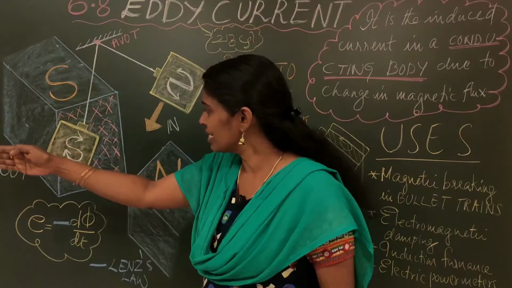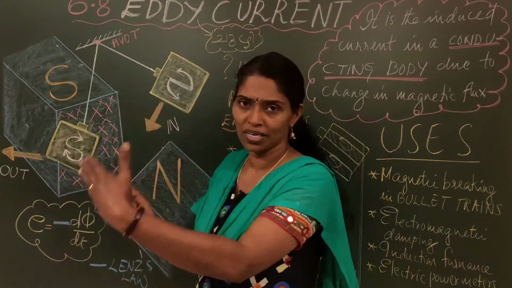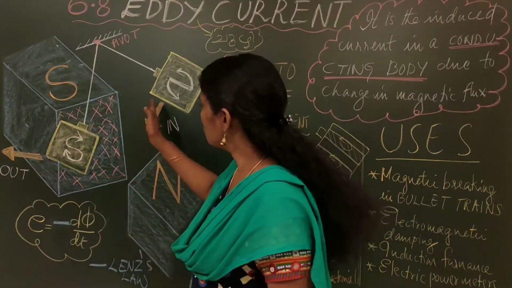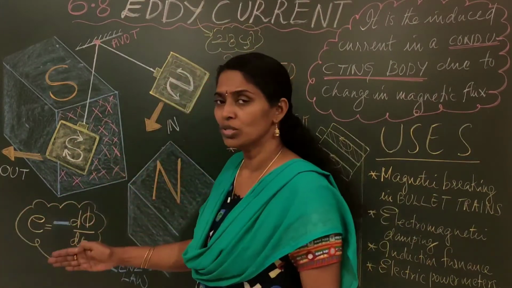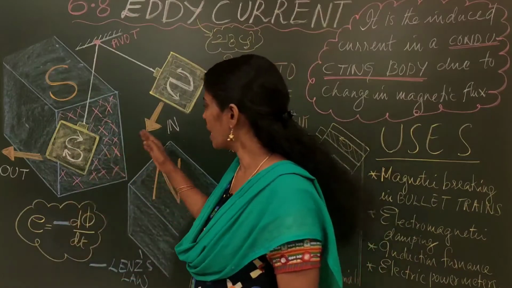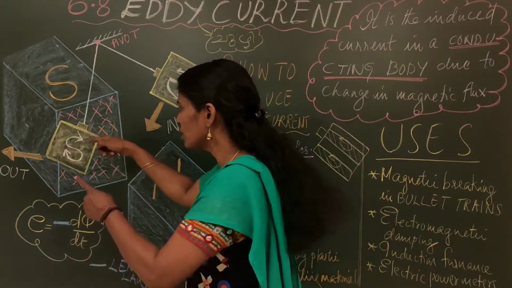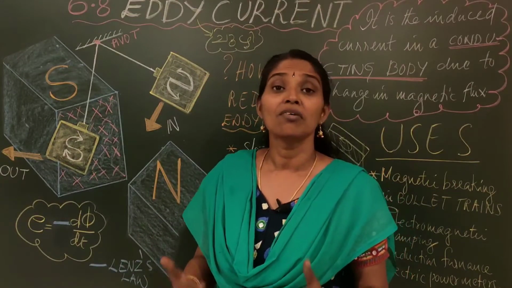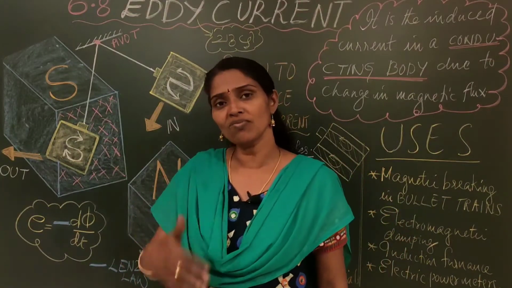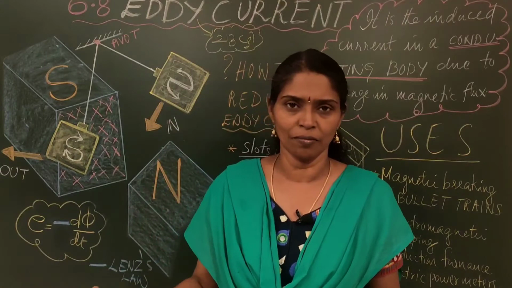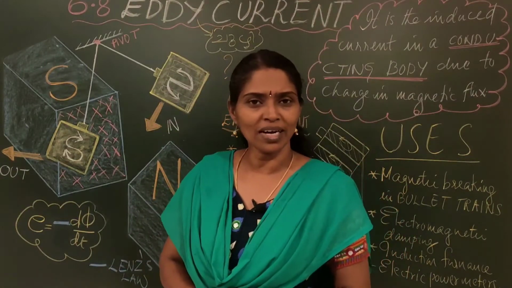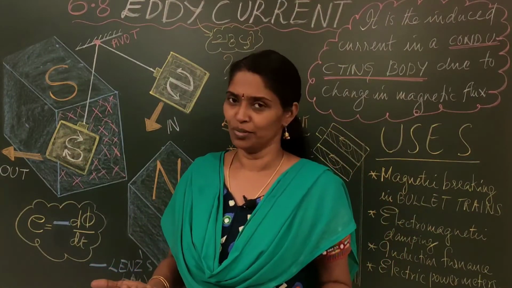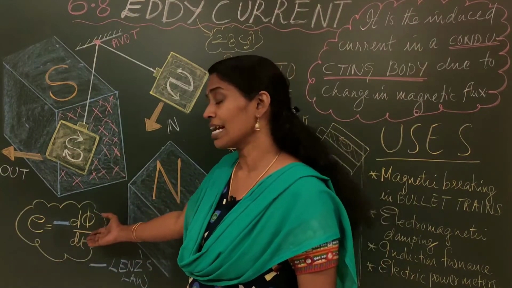As this is oscillating to and fro in between the pole pieces, every time it is coming in and going out, the number of lines passing through the block varies. Means magnetic flux varies. Whenever there is change in magnetic flux, what will happen? Induced EMF.